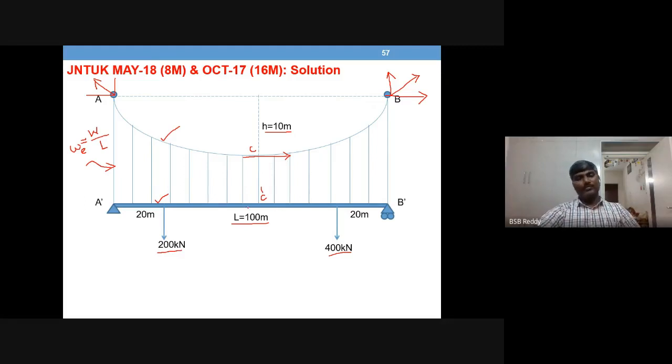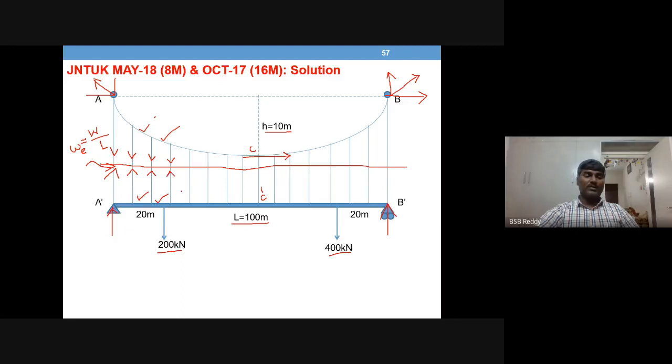Then come to the beam. Then you have only two unknowns, VA dash and VB dash, because already WE is a known value both for this as well as for this. If you cut all these cables, this is the nature of load that the internal force in the stiffeners or the suspenders will have.